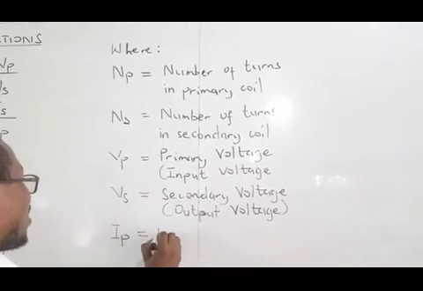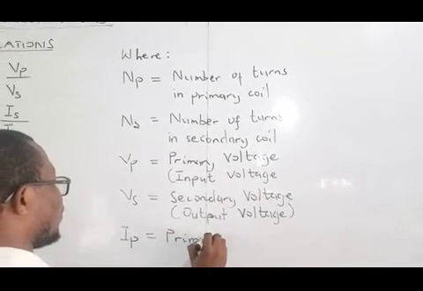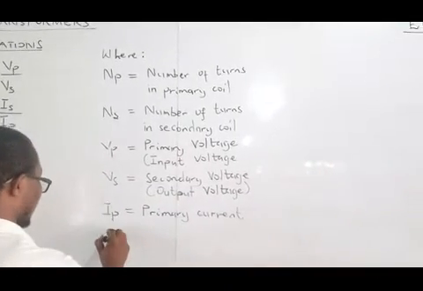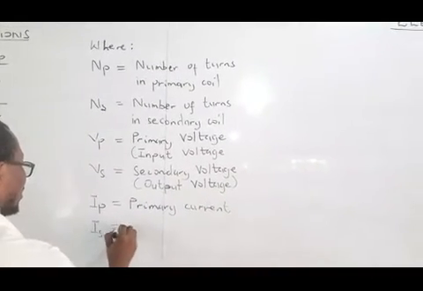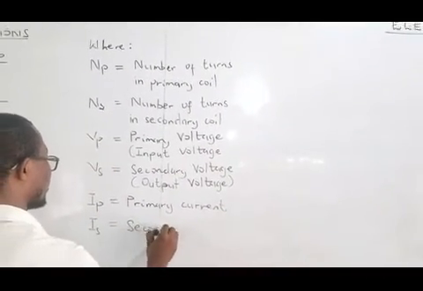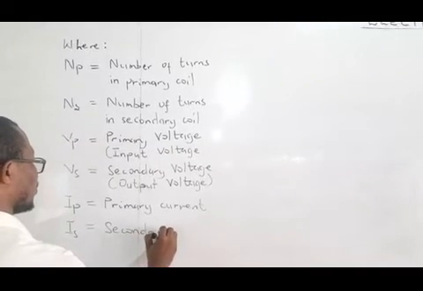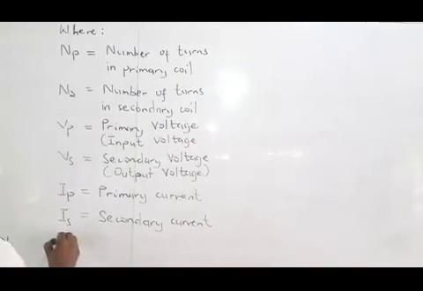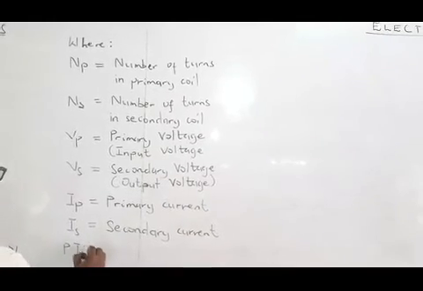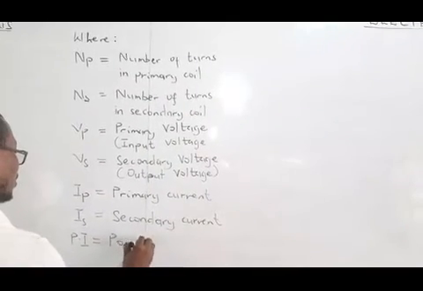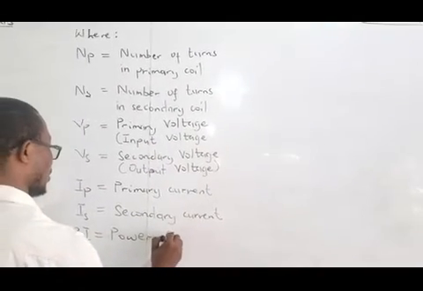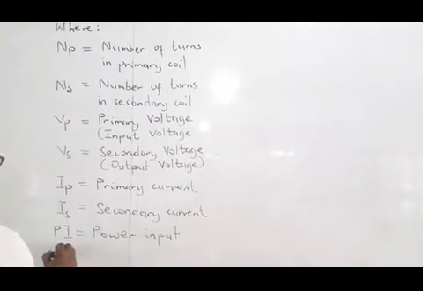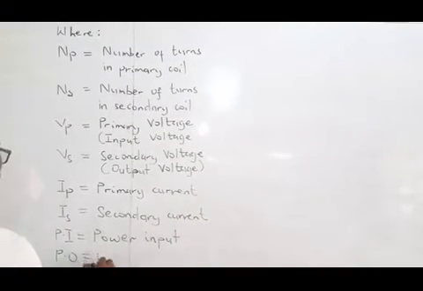Your IP is the primary current. IS is the secondary current. Your PI is the power input. PO is the power output.